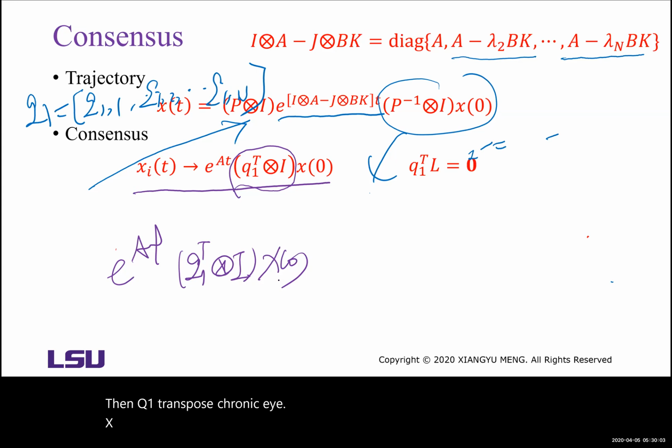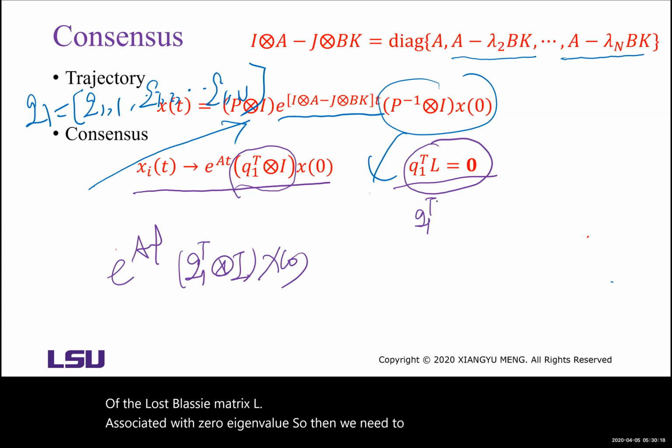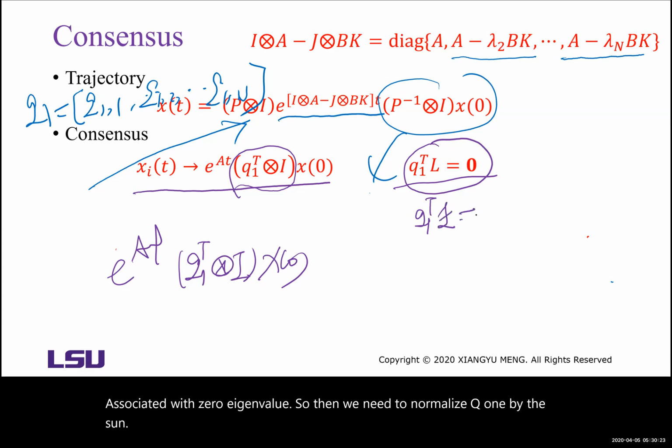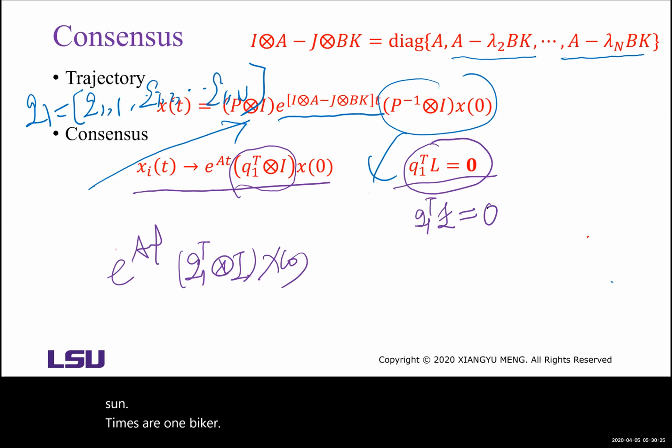Let's notice that Q1 is the left eigenvector of the Laplacian matrix L associated with the 0 eigenvalue. So then we need to normalize Q1 so that Q1 transpose times the r1 vector is 1. This is for undirected and connected graphs.